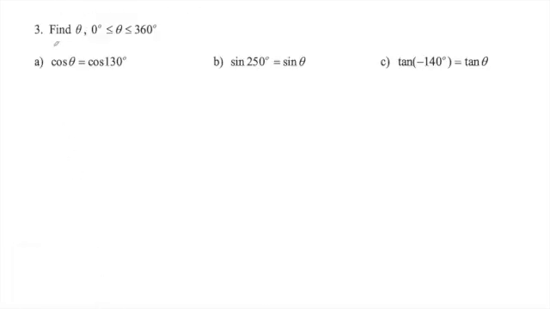For our next example, we're going to find theta between 0 and 360 degrees. So if cos theta equals cos 130 degrees, we know that we are able to draw that cos 130 degrees. So draw it over here.